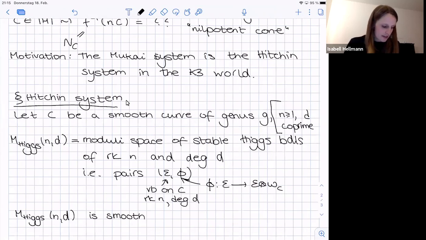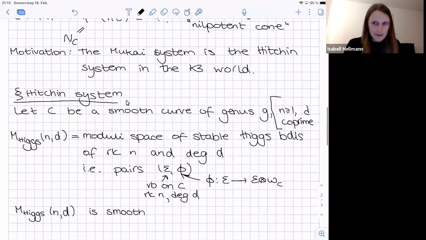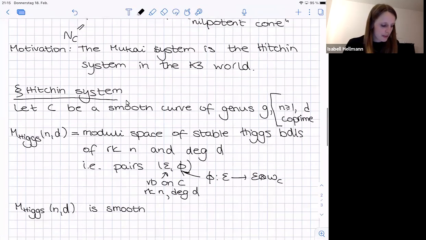And the story is the same as for the moduli space of vector bundles. If you have n and d coprime, there's some numerical game that gives you that semistability is the same as stability. So this moduli space is smooth.